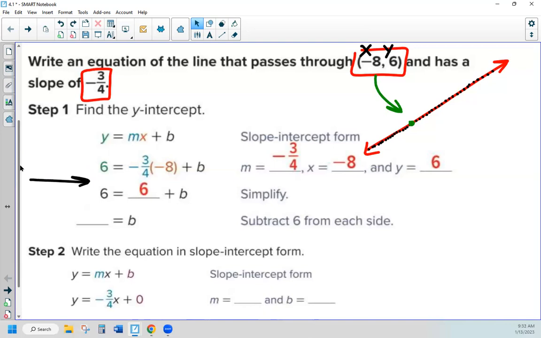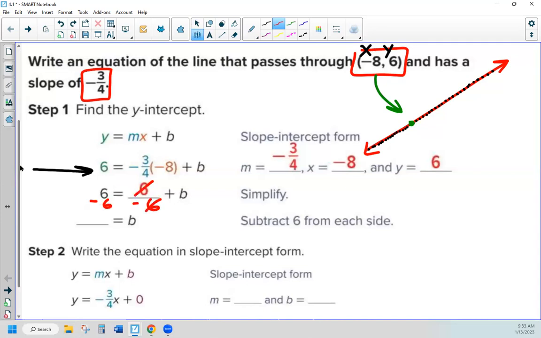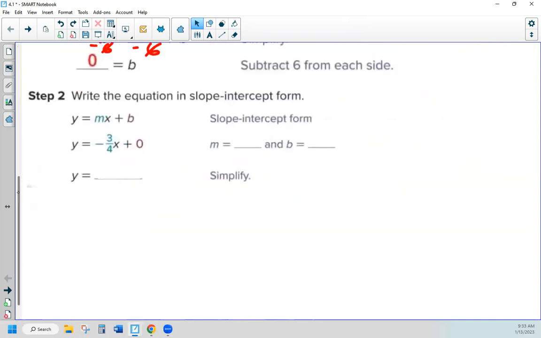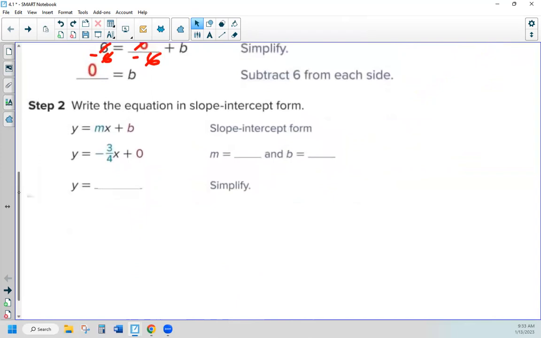Our last step is to subtract both sides. We take this 6 to the other side by subtraction, and it cancels, so we get a y-intercept of 0. Don't freak out. That just means that our line crosses the y-axis at 0.